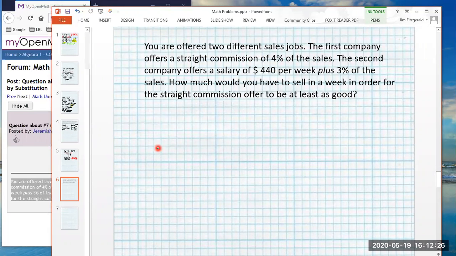And so to do the sales here, I'm just going to call that S. S is going to represent the number of sales, and this is a dollar amount. And then your salary, the salary is another word for pay. So I'm going to use P for salary.